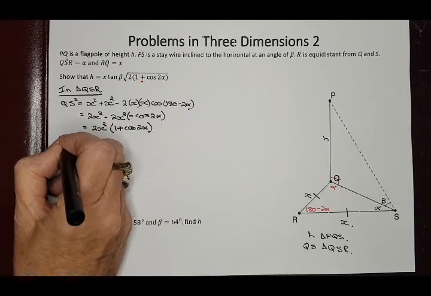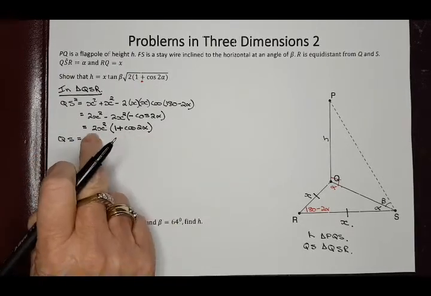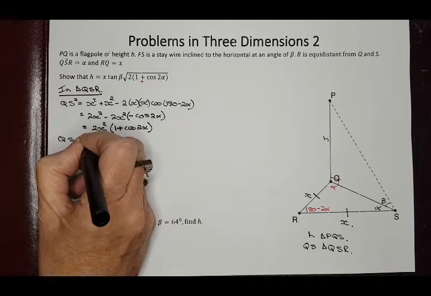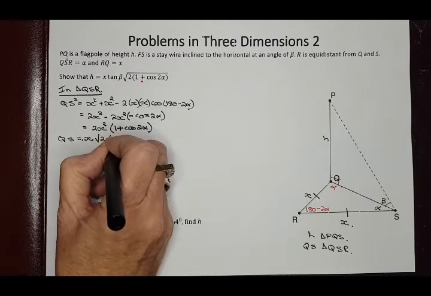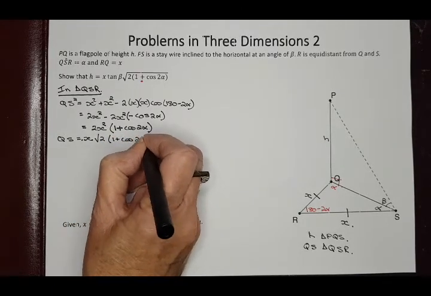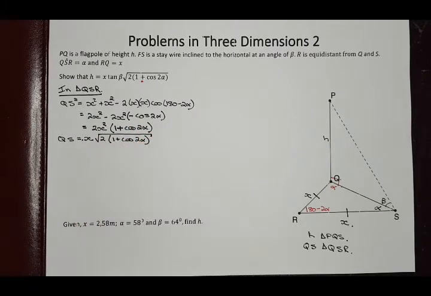So QS is just going to be the square root of this. I can take the square root of the x squared, it's going to give me an x. And then the 2 multiplied by the 1 plus cos 2 alpha stays under the root sign like that. I have accomplished the first part of my problem.